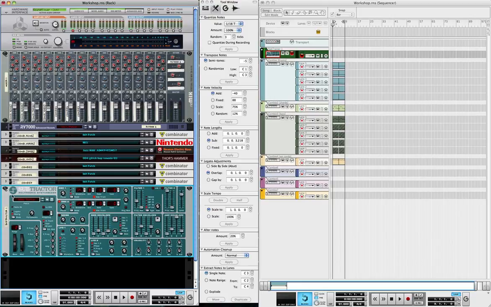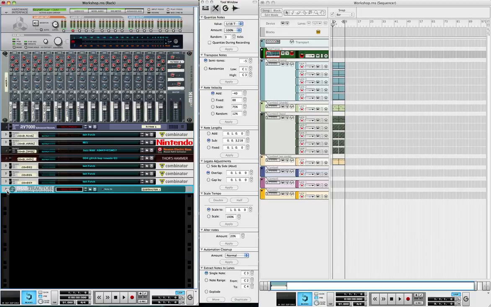That's basically what drum layering is. This is an interesting technique that you can use for any style of music. It doesn't matter if it's house, trance, hip hop, anything.